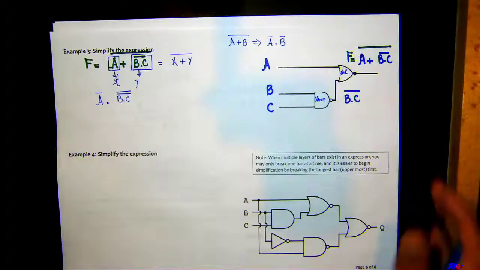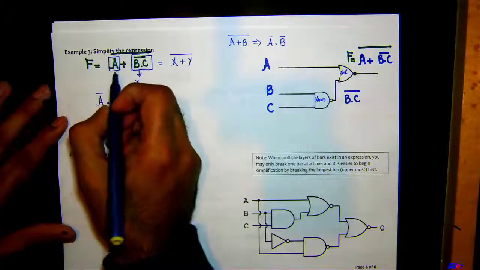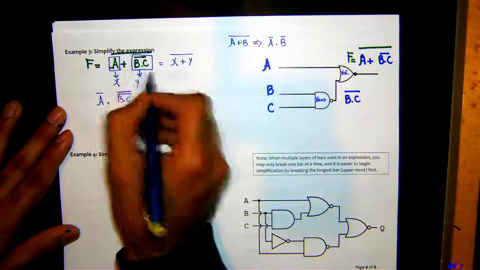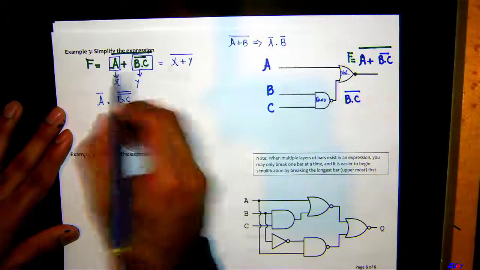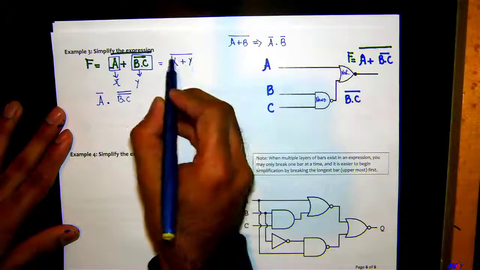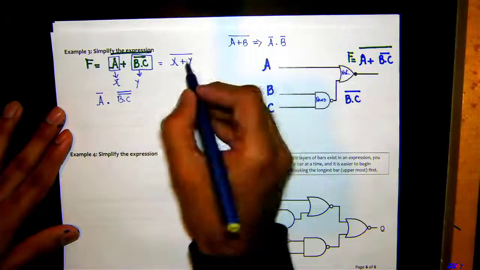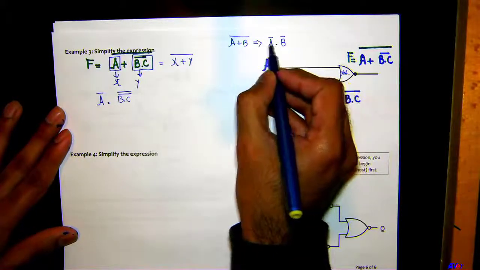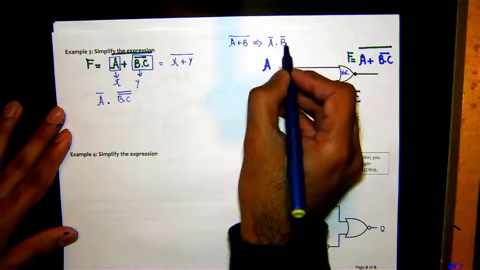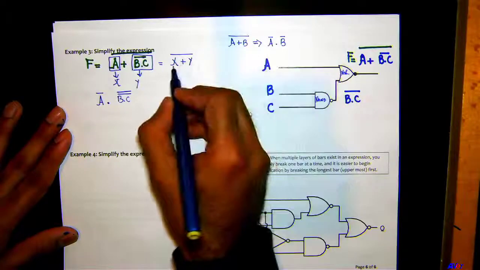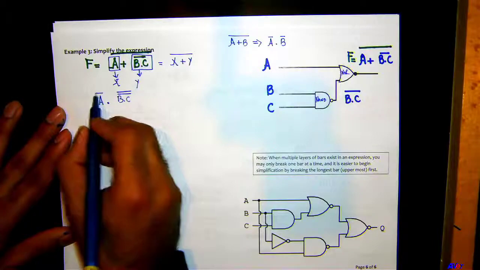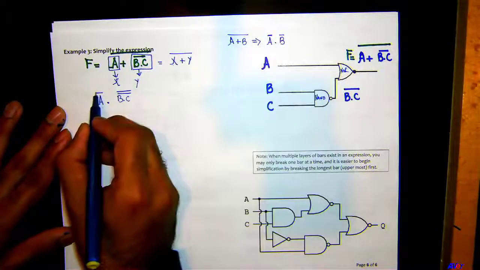Let me just go back and do it again. I'm actually renaming my variable just to make it easy. I'll say this is my X and this whole thing is my Y. So I can technically write it down as X plus Y and bar on the whole thing. I'm going to transform this equation into something like this using DeMorgan's law, which is going to be A bar dot B bar, which is equivalent to my X and Y. And X was A, so I put A here, bar here, this bar goes here.